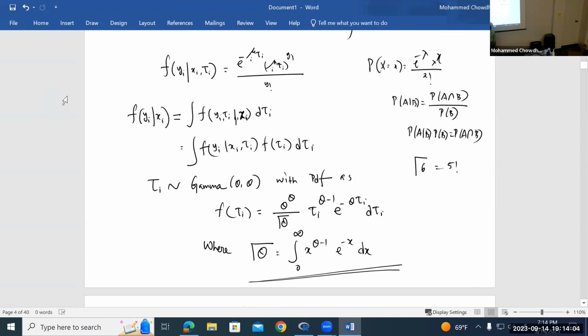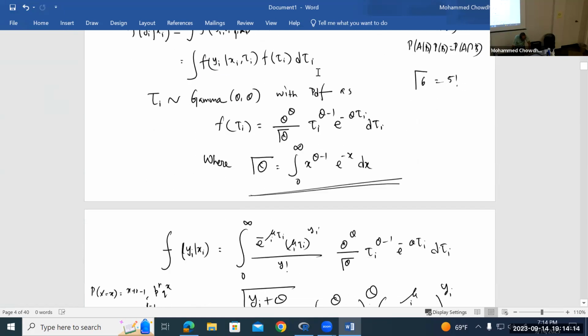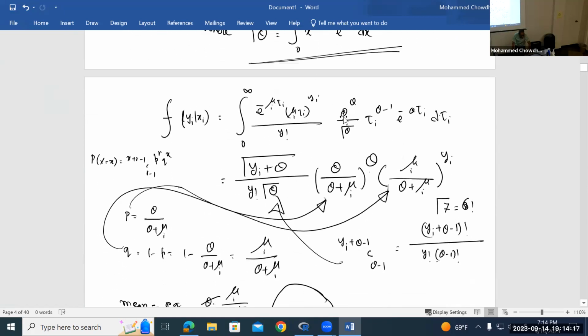Consider here tau I as a gamma. Why are they considering these things? In order to make a new negative binomial distribution that will contain the mean parameter.